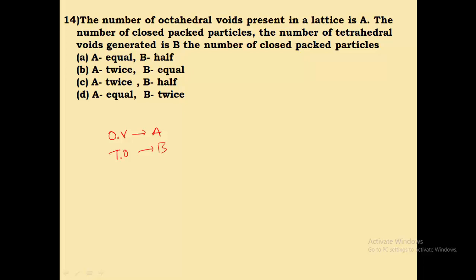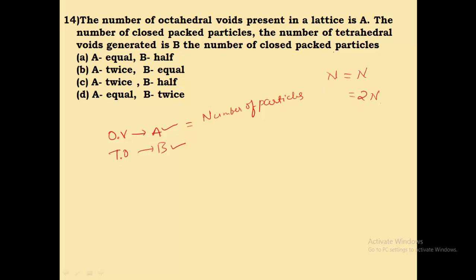If the number of octahedral voids is A and tetrahedral voids is B. As you know, the number of octahedral voids is equal to the number of particles. So if the number of particles is n, the number of octahedral voids formed is also n, and number of tetrahedral voids formed is 2n.